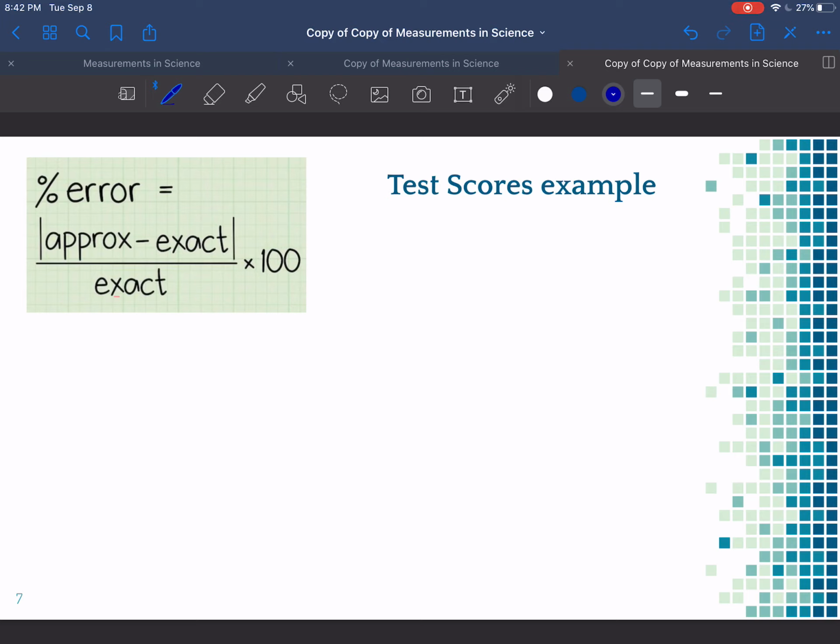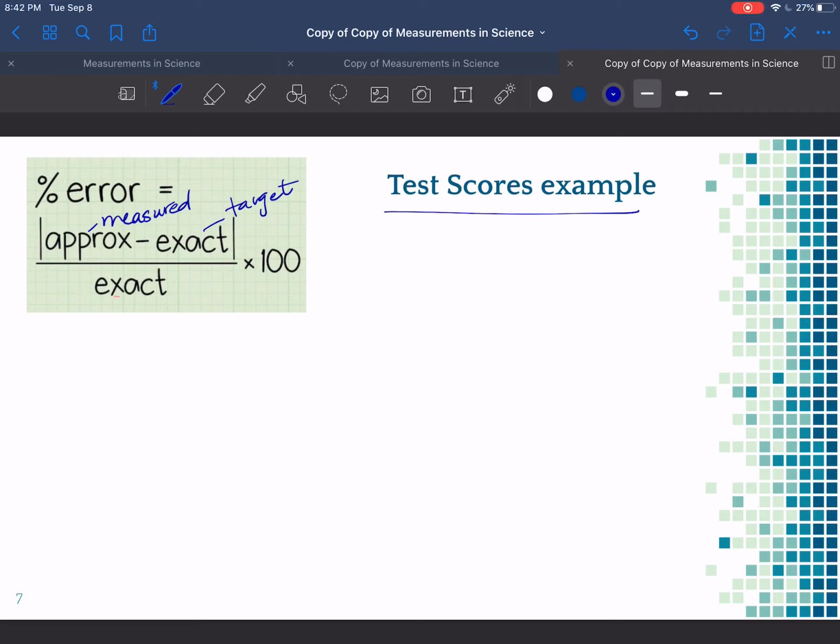It is the absolute value of the approximate or measured value minus the exact or the target value divided by that exact value times 100. Okay? So what does that mean as far as a test?